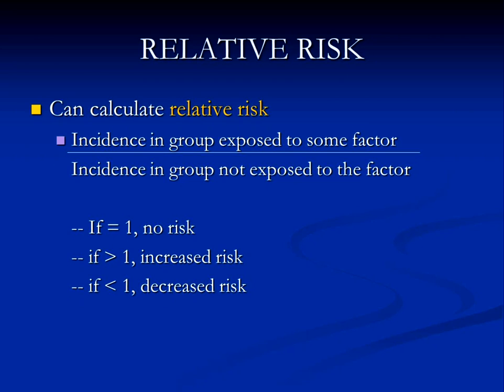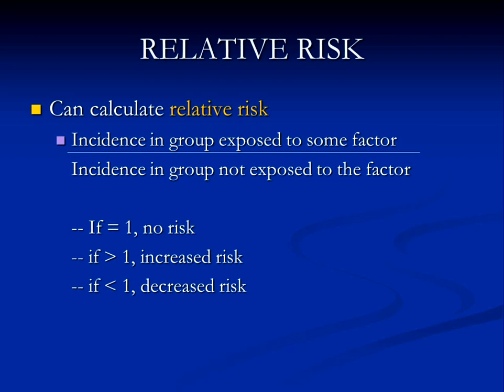So since we were looking at fluoride and our relative risk was 0.5, then we would say we were at decreased risk of developing carious lesions when we're exposed to fluoride. If our relative risk was actually greater than 1, we would say that we were at increased risk of developing carious lesions. If it's equal to 1, that just means it's a wash. There's no risk at all.